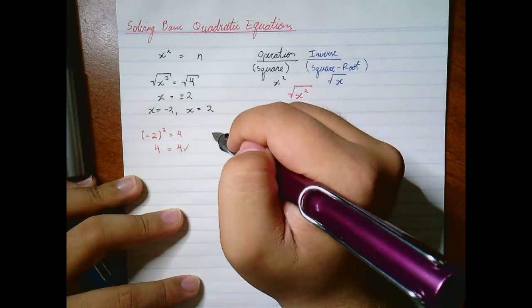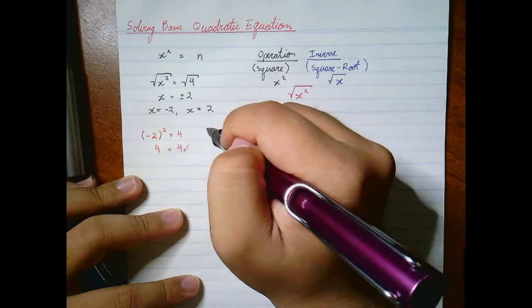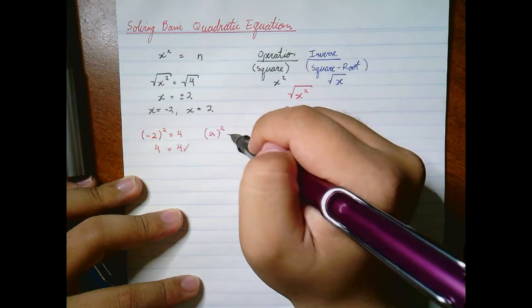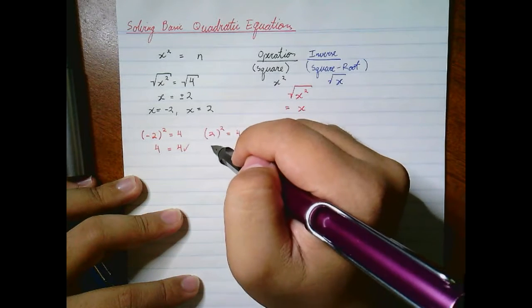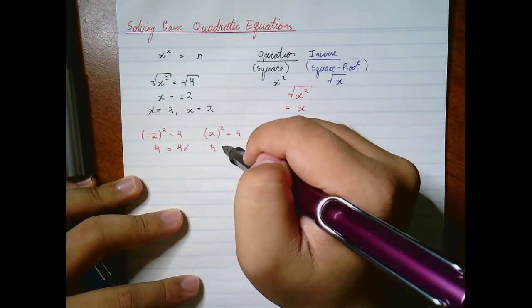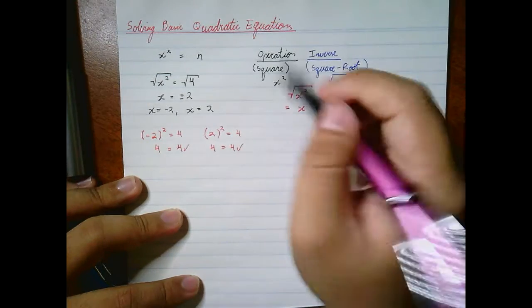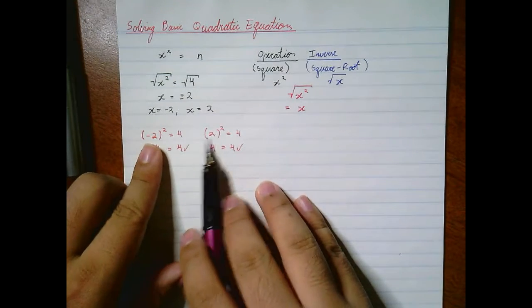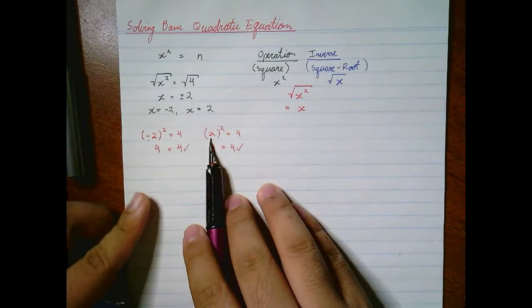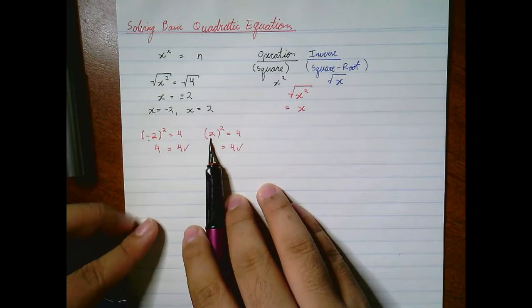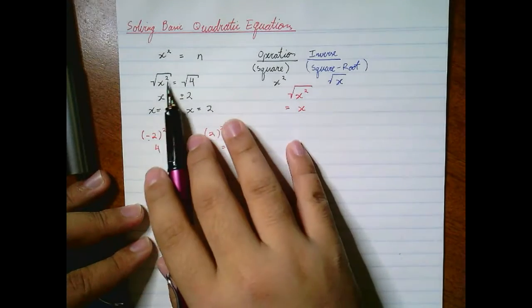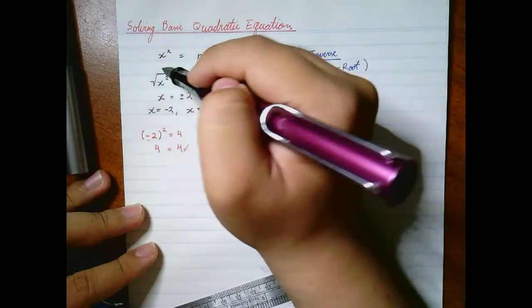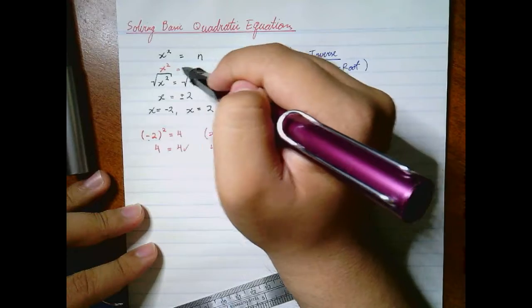And we already know if we take a positive 2 and we square it, will this become a 4? Well, 2 times 2, well, 4 equals 4. Therefore, both of these answers, negative 2 and positive 2, are solutions for this equation. Right, our equation was x squared equals 4.